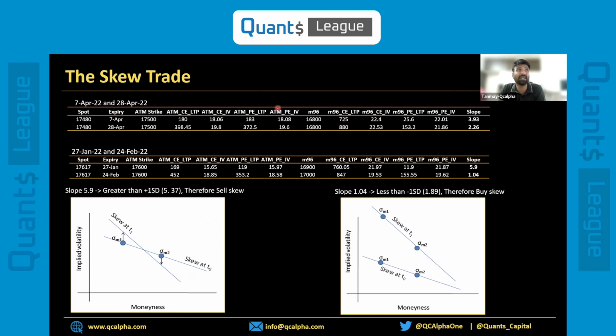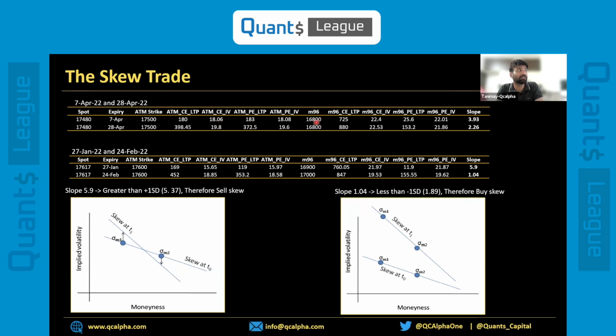But just for understanding purposes, I took the spot value around 2 hours back when it was trading around 17,480. For the 7th April, the ATM strike came out to be 17,500. The ATM call was trading at 180, the ATM put at around 183, and the IVs at around 18.